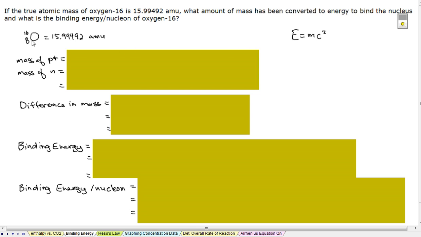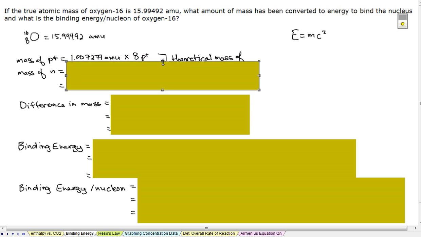So this is oxygen 16, and that's our atomic mass unit. So what we need to ask ourselves is what would be the theoretical mass of oxygen, or what should it be? Now, a proton actually has an atomic mass of 1.007277 atomic mass units. And in oxygen, we have 8 of those.